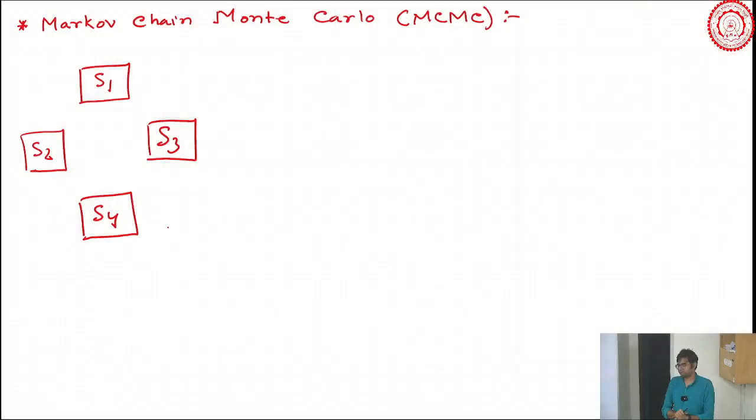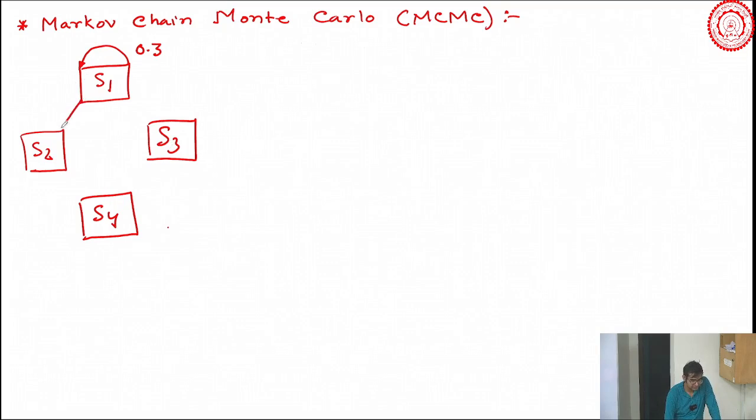For example, let us say S1 is that the temperature today is hot. Then if I'm drawing an arrow like this and giving it a probability of, let's say, 0.3, this means that given that today it is hot, tomorrow it will also be hot with probability 0.3. That is what this arrow means.